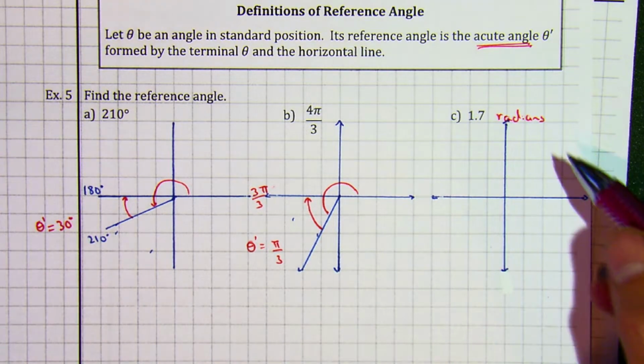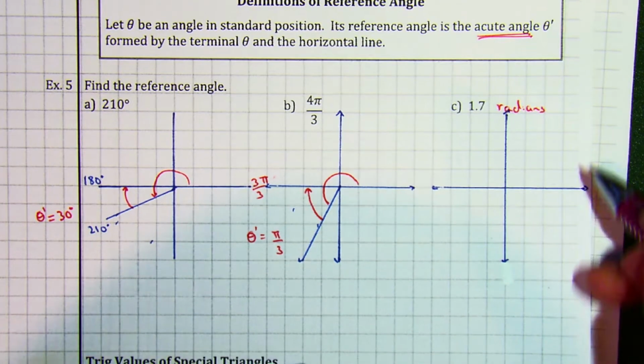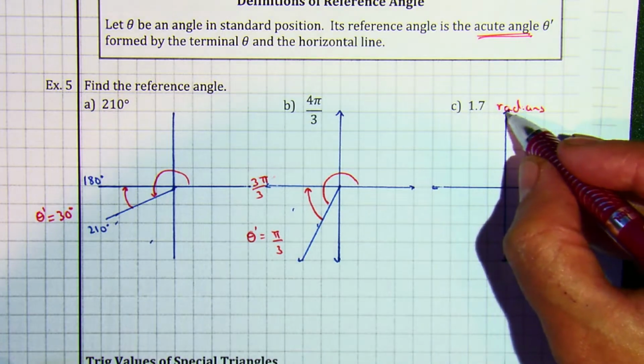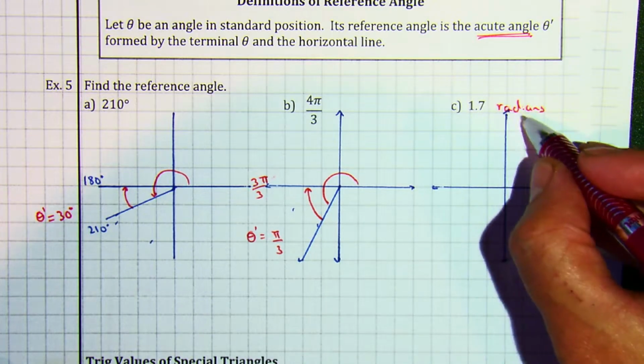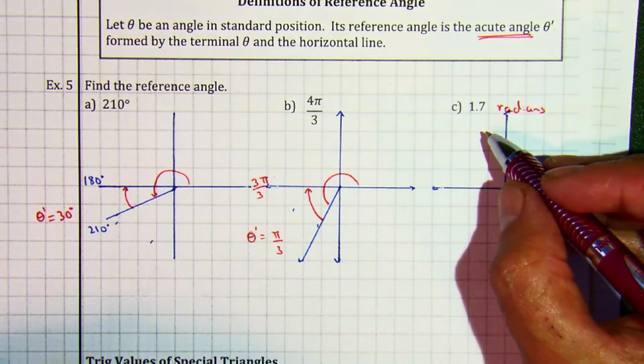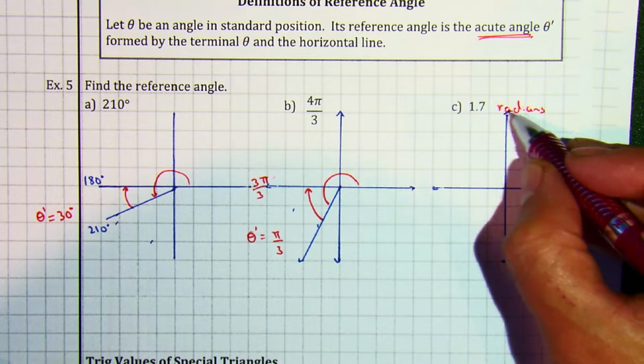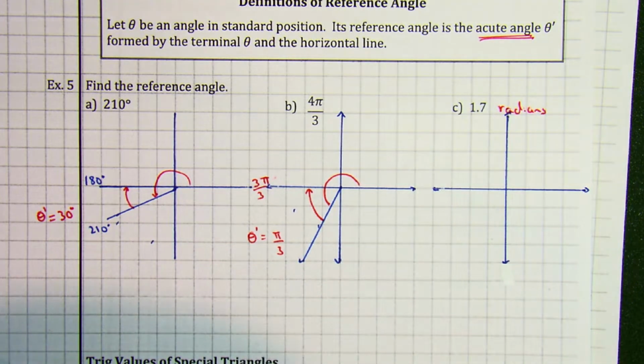Well, we know that 1 radian is around here. The question is, is 1.7 before or after 90 degrees? Where's 1.7 radians?